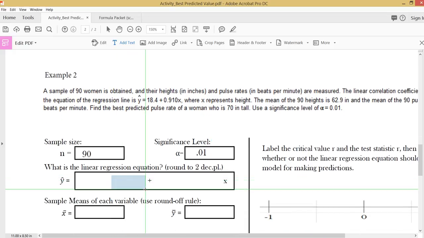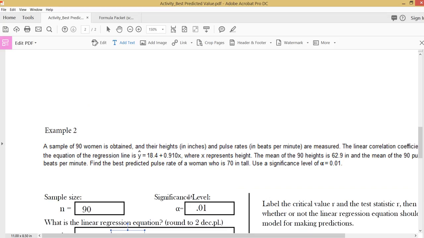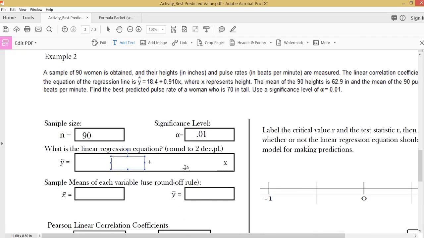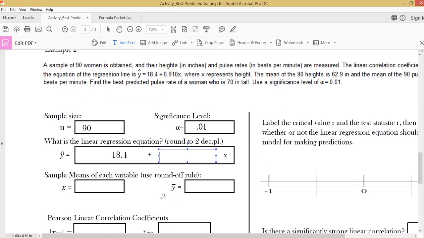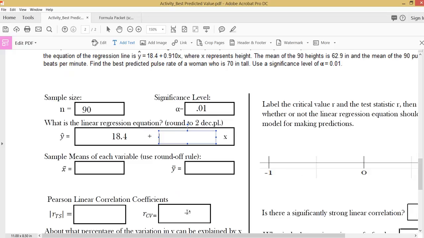We've got a y-intercept, so whenever there's no amount of height present, you would start at 18.4 beats per minute, and then for every increase of 1 inch in a woman's height, this is how much increase in the beats per minute you should see, the marginal change.